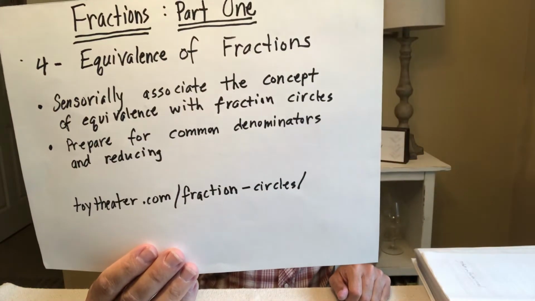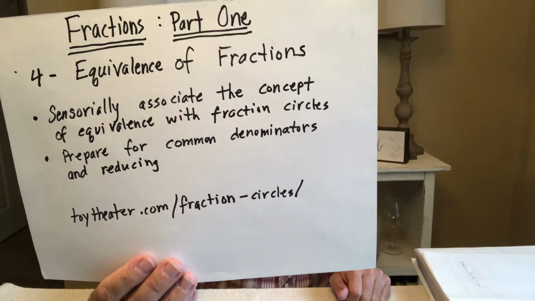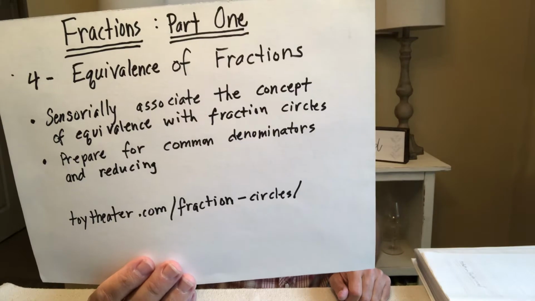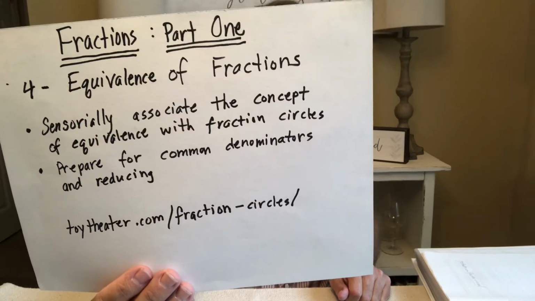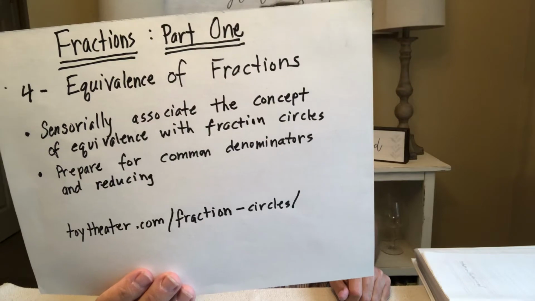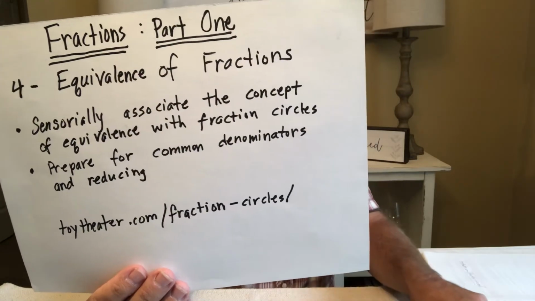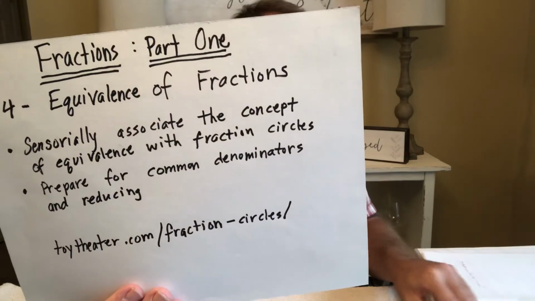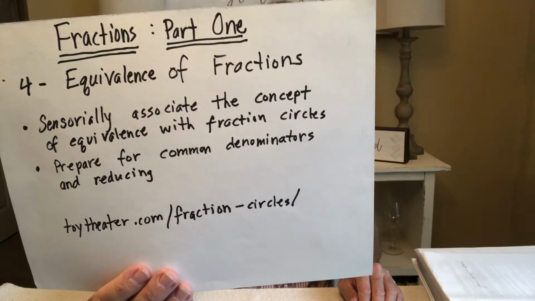So what does that mean? Sensorially just means we're going to be using our senses, mainly our sense of touch and our sense of sight, to think about this big concept of equivalence. This lesson is also meant to prepare us for finding common denominators and for learning how to reduce, or think about reduce, later on down the road.